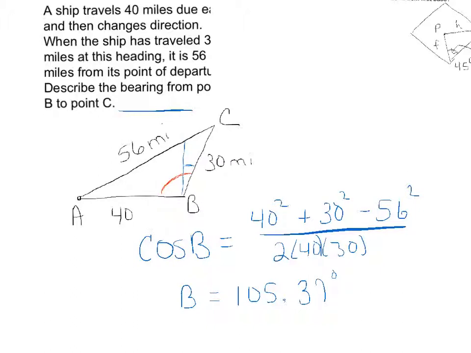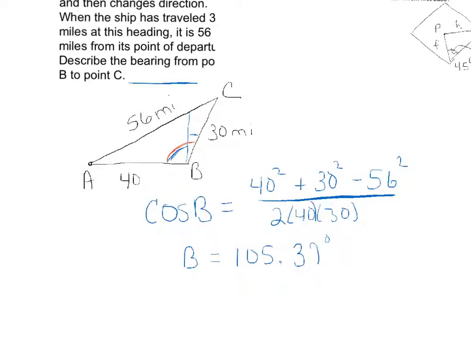So bearing is always off of a north-south line. So we know that from here to here is 90. This is our 90 degrees. So if we subtract 90 degrees from 105.37 degrees, we get 15 degrees and 37, or 15.37 degrees.